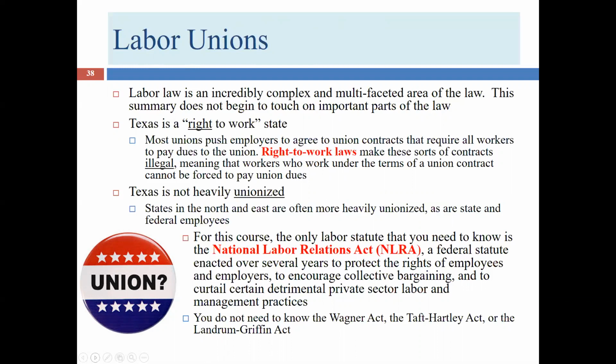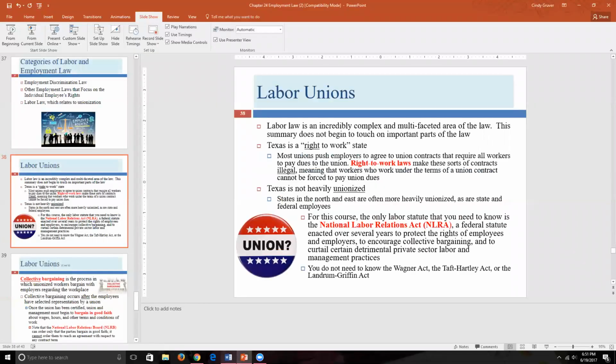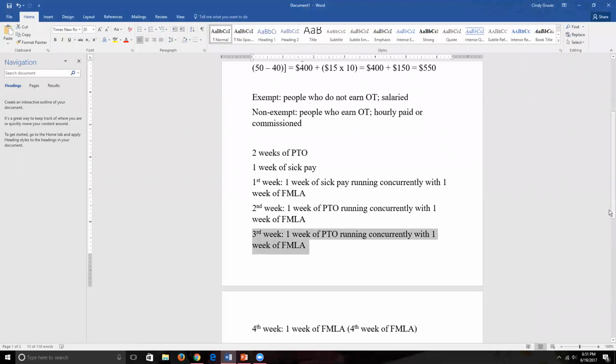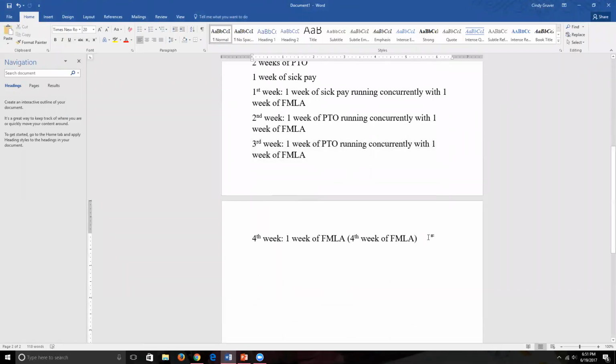First idea we'll talk about is Texas and its status as a right-to-work state. There are two categories of states with respect to union issues, and about half the states are what are called right-to-work states, and about half are union security states.